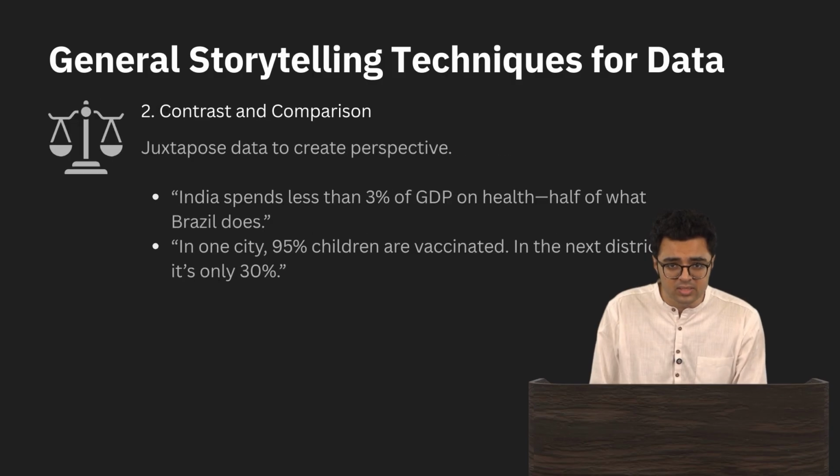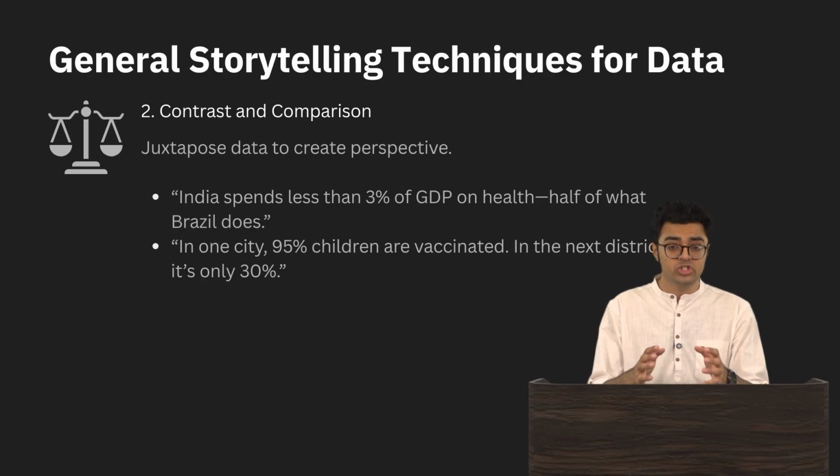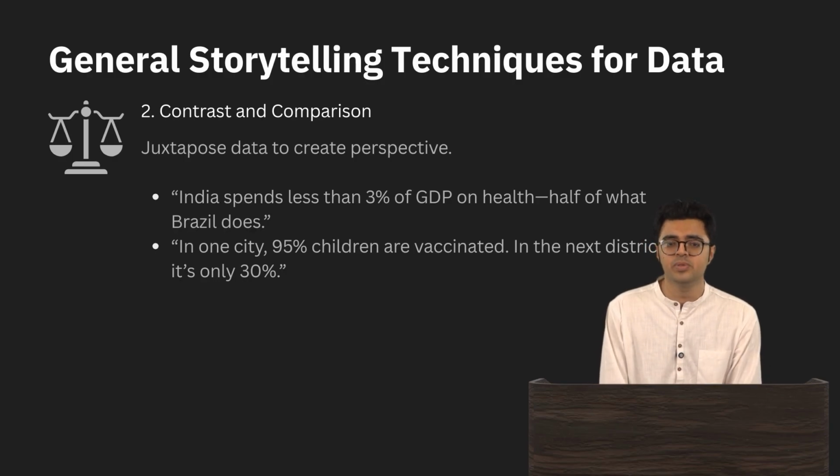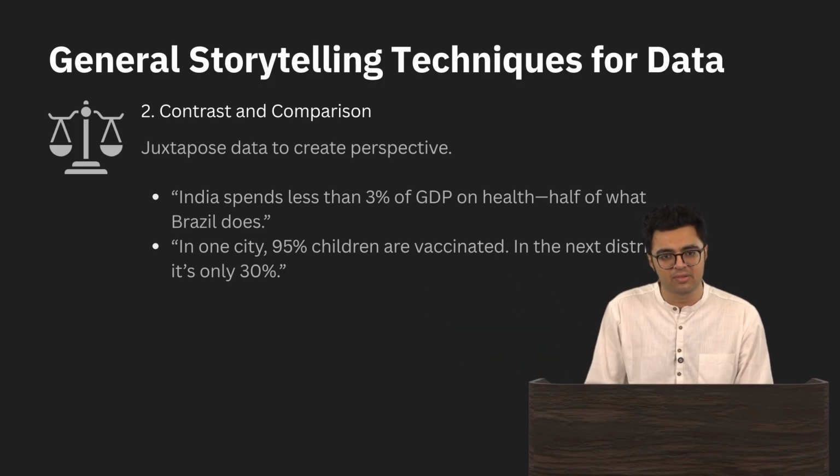The second technique that I want to share with you is contrast and comparison. You can juxtapose the data to create perspective. For example, India spends less than 3% of GDP on health, half of what Brazil does. Now, the reader will be independent to check what Brazil does and what kind of impact it can have on their healthcare.